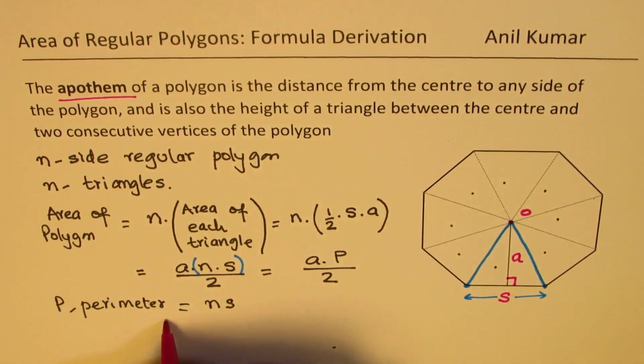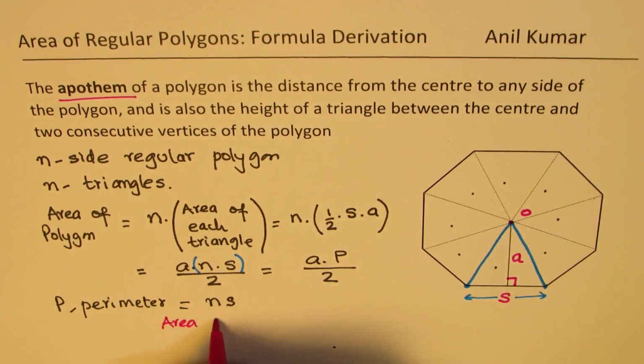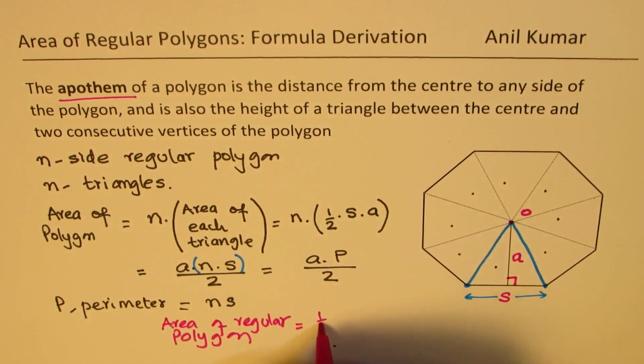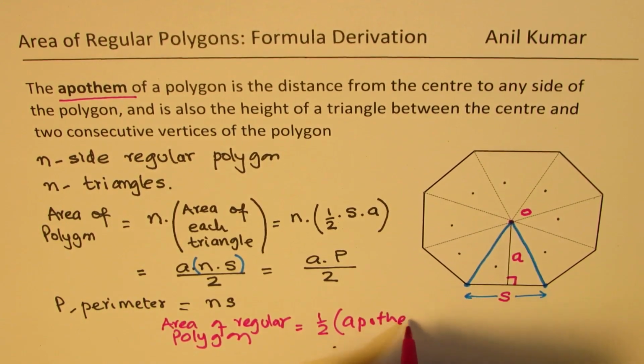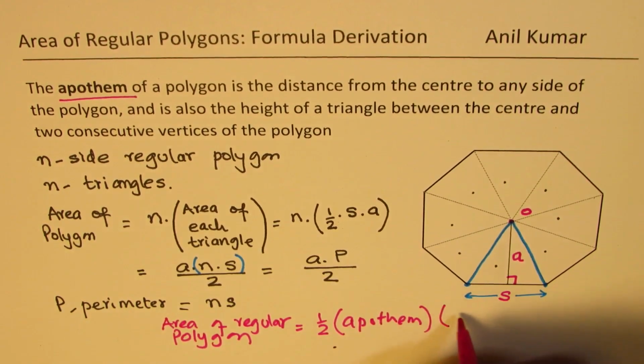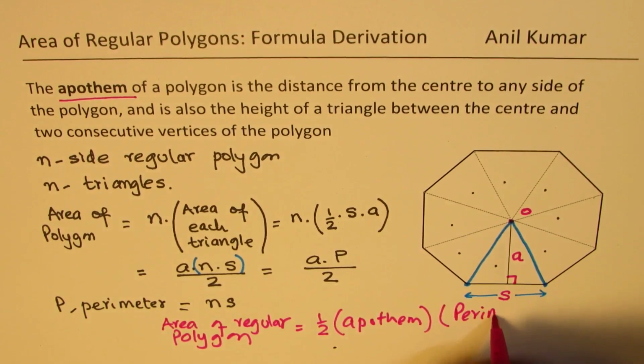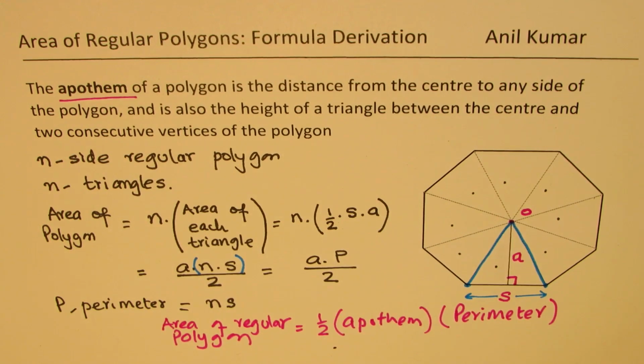So basically, area of a regular polygon equals half of apothem times perimeter. Is that clear to you?